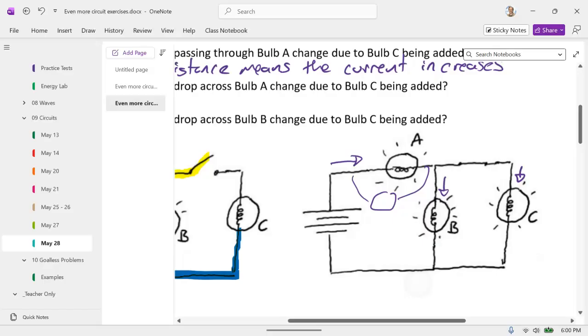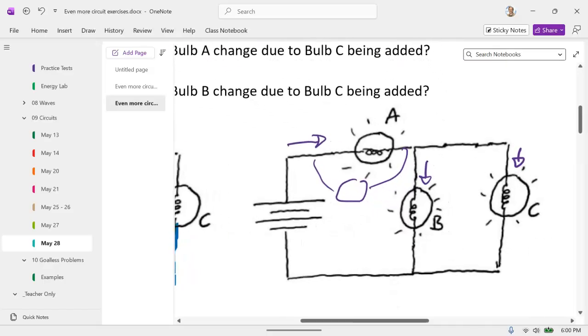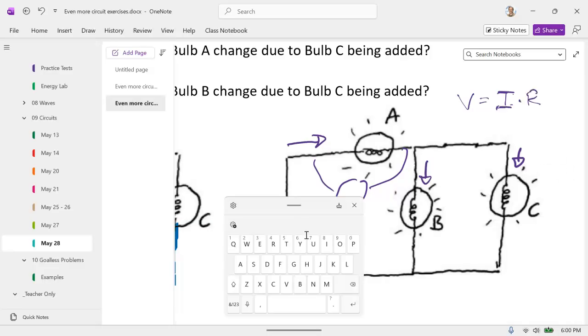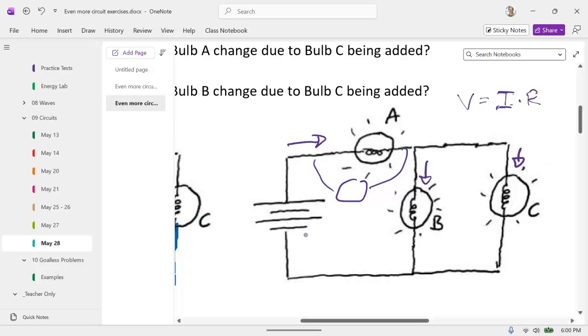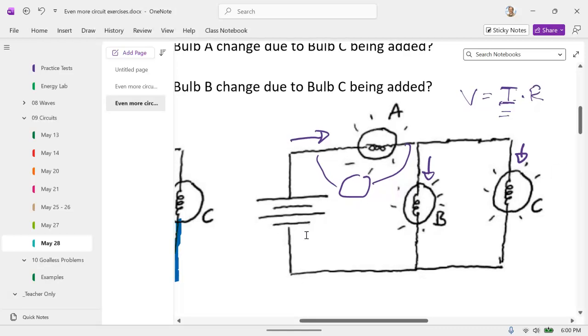When the switch is closed and bulb C is added, there's more current flowing through bulb A. And recall that voltage equals current times resistance. The resistance of the bulb hasn't changed, but the current has changed. So the voltage drop will change. The voltage drop will increase.